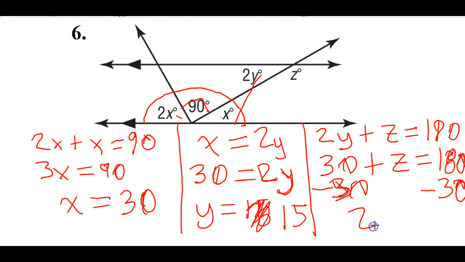And we have that z equals 150. Okay, so that's it for our notes for 3.2.